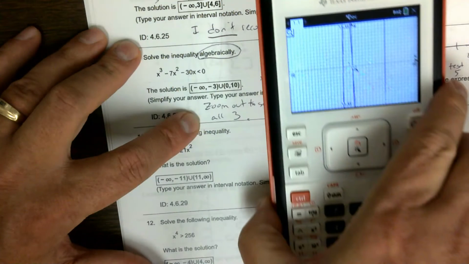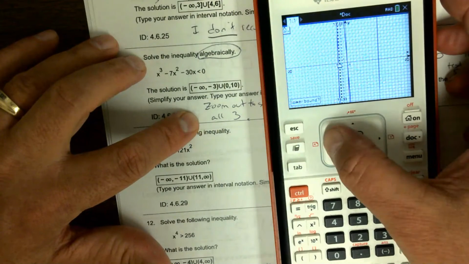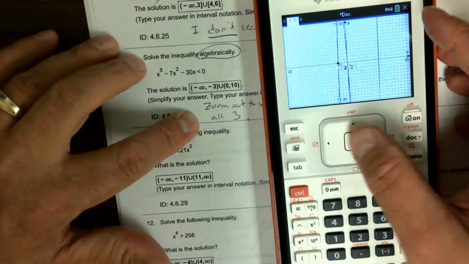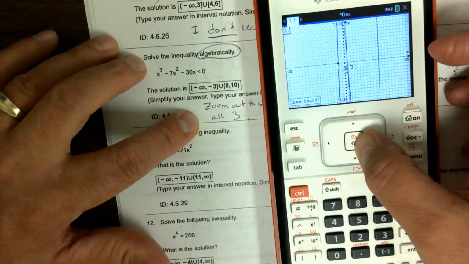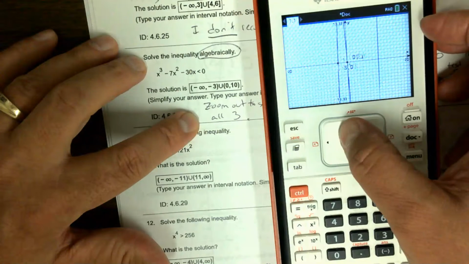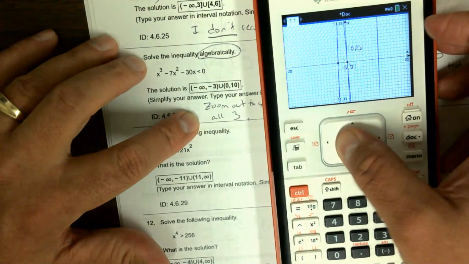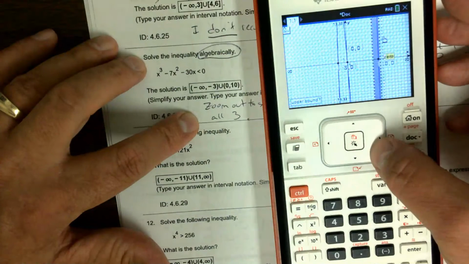And then we can do our analyze here and here, and that's -3, 0. This one should be obvious. It's 0, 0. Menu, analyze, and then from here to here, that's 10, 0.